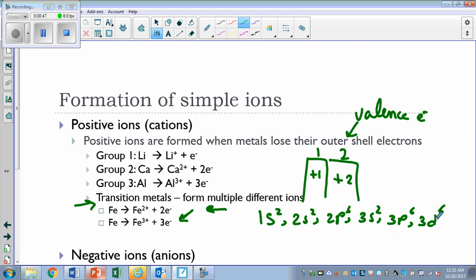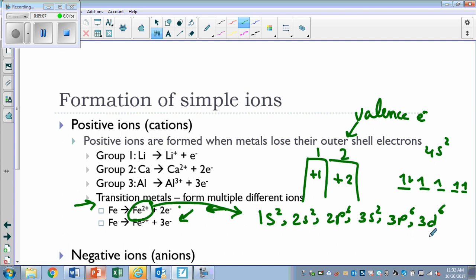So you have 1, 2, 3, 4, 5, and 6. I'm doing the orbital diagram for d, because the 4s2 electrons are gone. I'm doing it for iron positive 2.